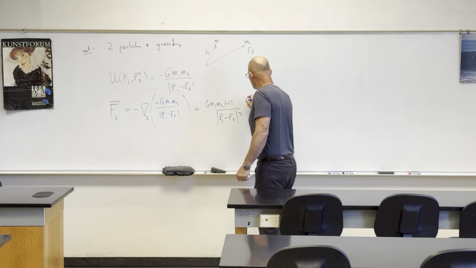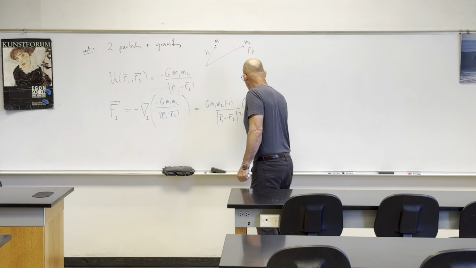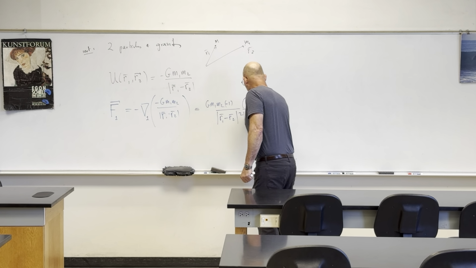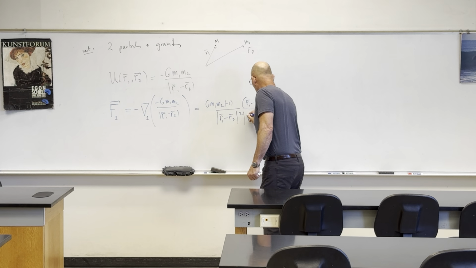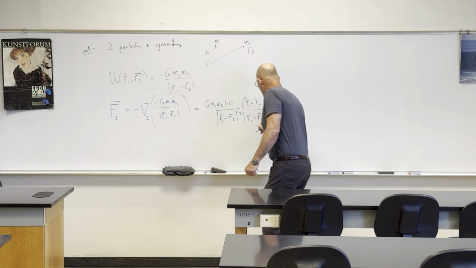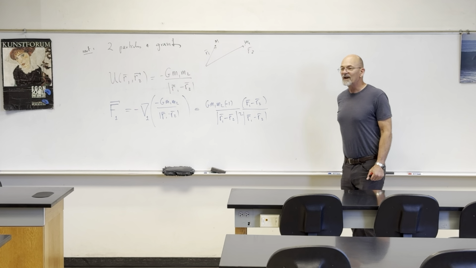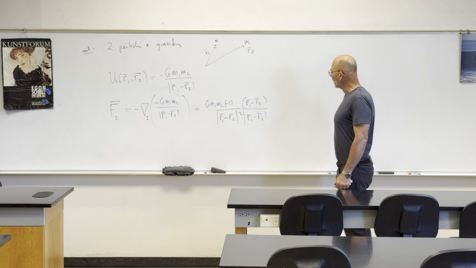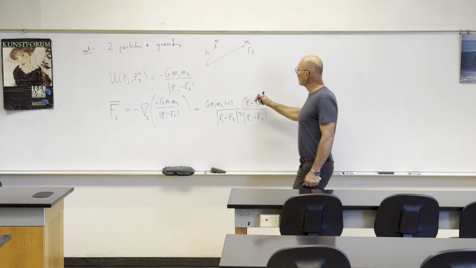So this is the same thing that we've been doing recently, because what I'm writing down here next, R1 minus R2, this is the unit vector. What is it pointing at? It's pointing at R1, right?